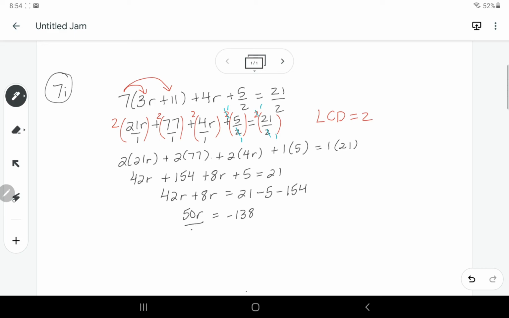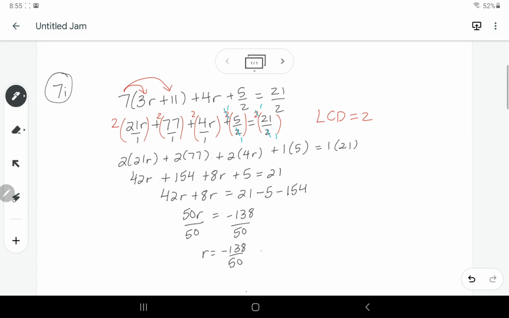And then I'll divide by 50. So I get r equals negative 138 over 50. And I have to make sure that I put that into lowest terms. So here, I'm just kind of double checking the answer. I think that they actually have done this as a decimal in the answer key, but I would rather you left this in lowest terms.